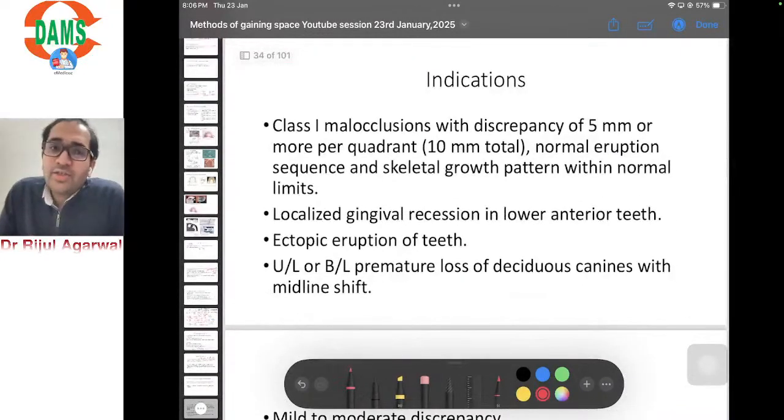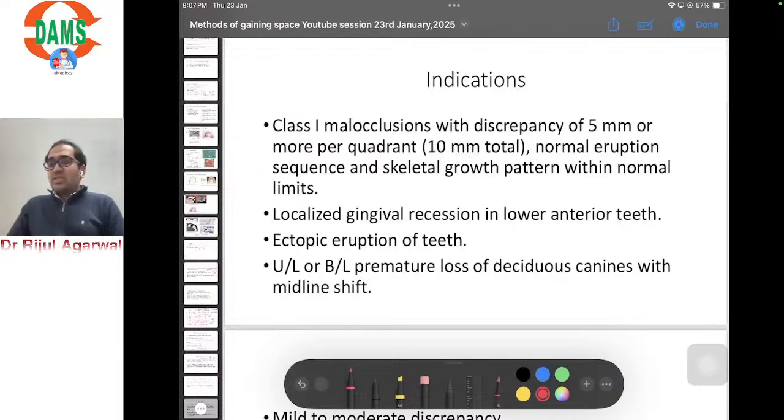What are the indications of serial extraction? There should be class 1 malocclusion with a discrepancy of 5 mm per quadrant, that is 10 mm in total. There should be a normal eruption sequence and a skeletal growth pattern within normal limits, meaning a class 1 skeletal pattern with average to mild horizontal growth.